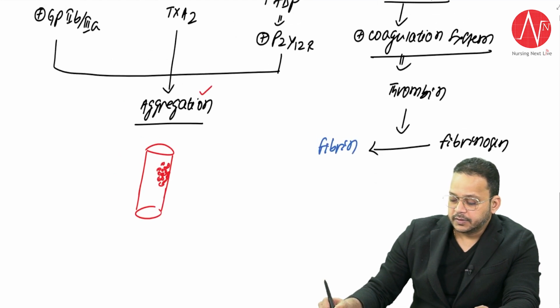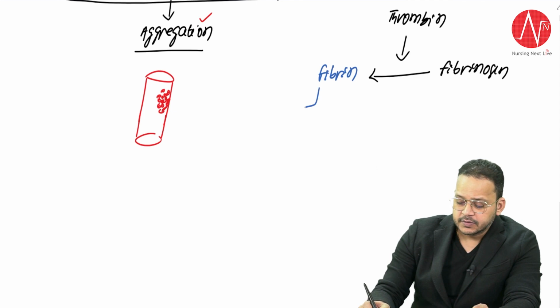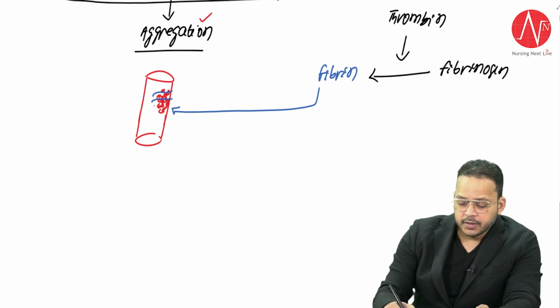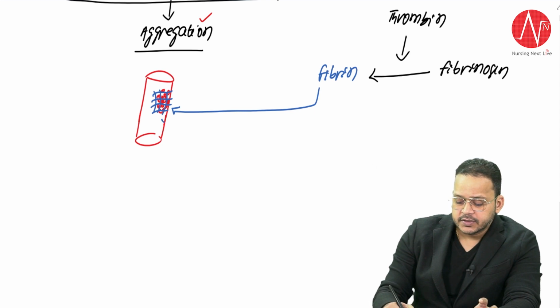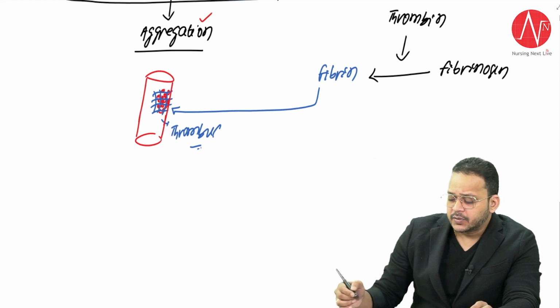Fibrinogen into fibrin, right? And what this fibrin does, this fibrin will make a mesh like this and it will stabilize the clot. So this is your permanent thrombus. So to make a permanent thrombus, I need both platelets as well as the coagulation system.